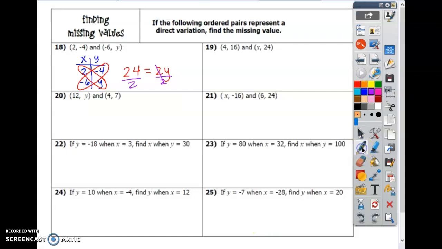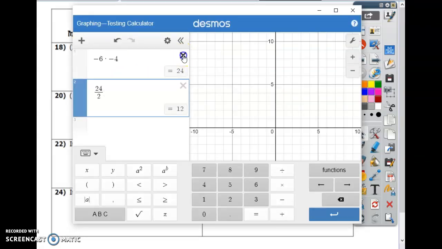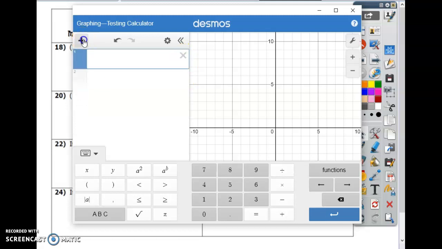Now, I can check just to make sure that this does work. So y equals 12. So if I put this table in decimals like we did the other day, and I type the 12 in for the y, it should be a line that goes through the origin. So my table, you're going to add a table.